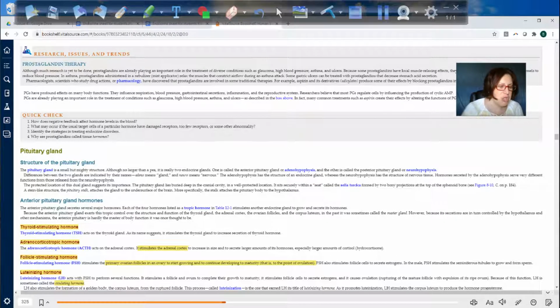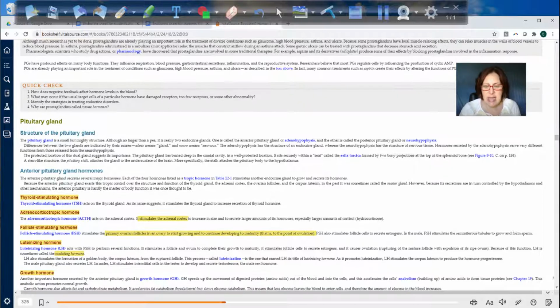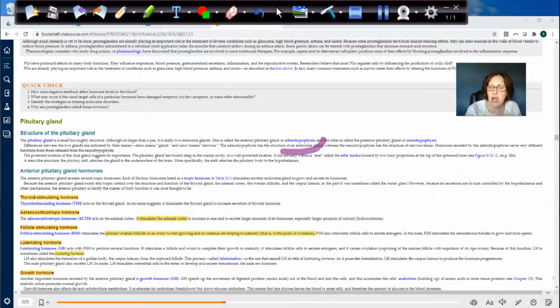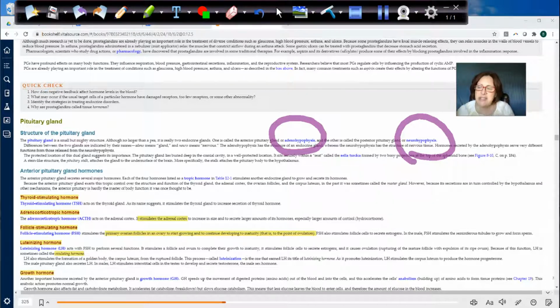Okay. So the pituitary gland. The pituitary gland has 2 sides to it. We just mentioned the anterior and the posterior. And the anterior is called adenohypophysis, and the posterior is called the neurohypophysis. And this is a really interesting structure.